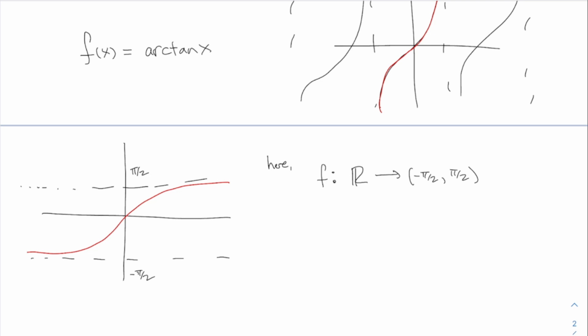All right? And you can tell by looking at the graph that f is a bijection, right? Because it's onto, it's not onto the whole real number line, but it is onto this set. Every value in between negative pi over 2 and pi over 2 is achieved by the function as a y value. And also it's one-to-one because of the horizontal line test, right? So this f is a bijection.